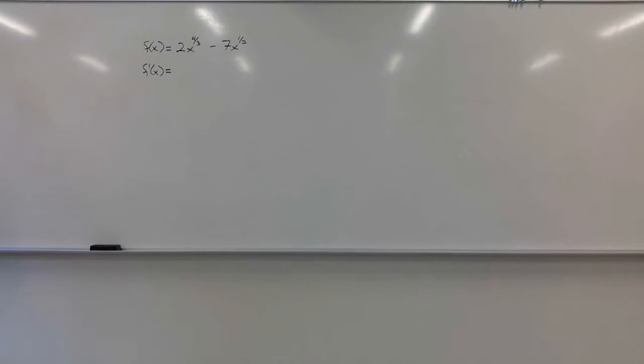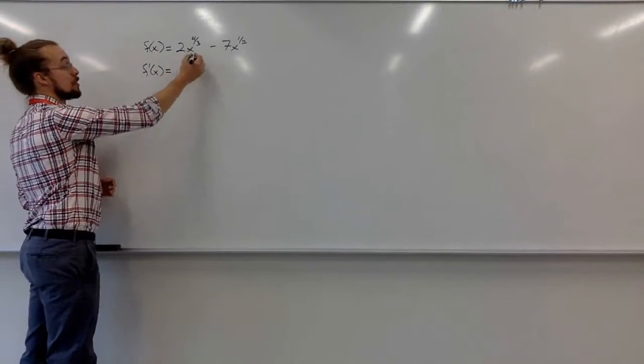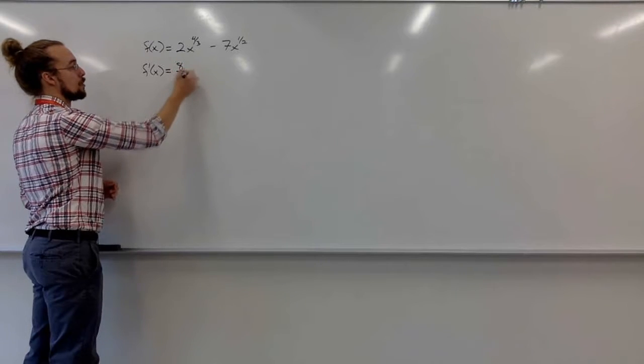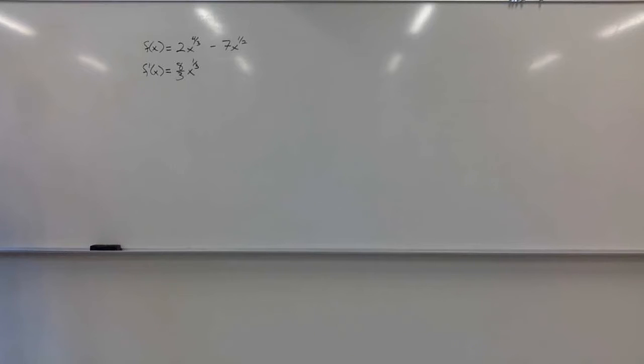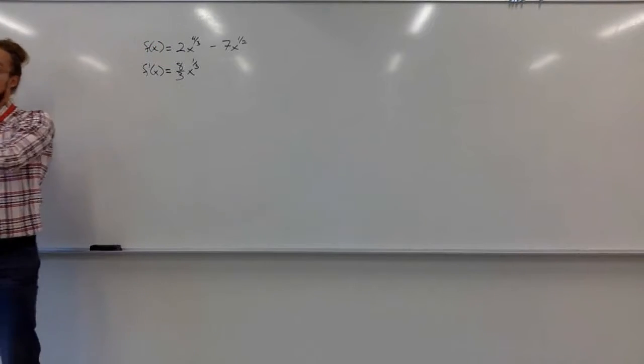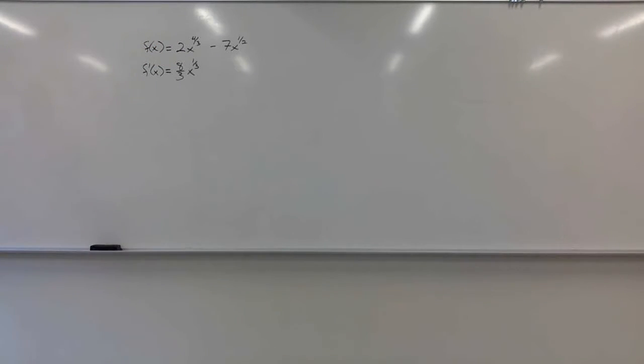How about something like this? So the exponent would be 1/3. So we'll have 4/3 minus 1. So 4/3 minus 1 would be the same as 4/3 minus 3/3, which is 1/3.